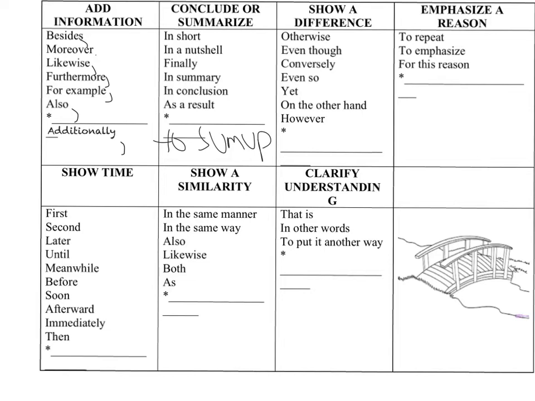The next category is to show a difference. If I am talking about one topic and then I'm switching ideas, that would be showing a difference. For example, I love to roller skate. However, I also love to sing and dance. Or I love to draw pictures.